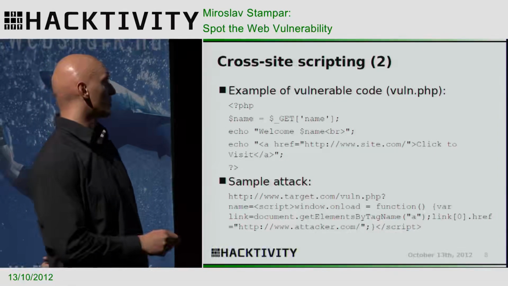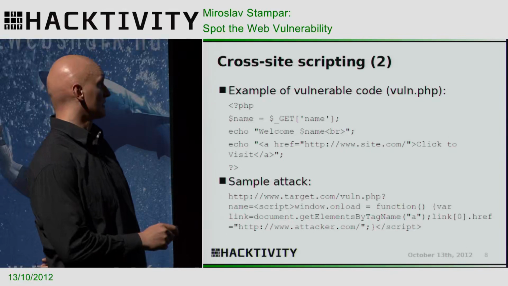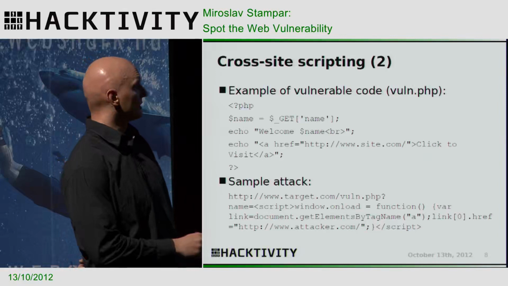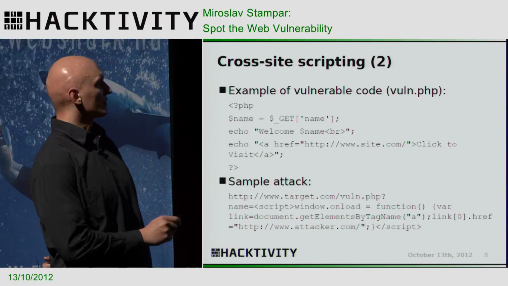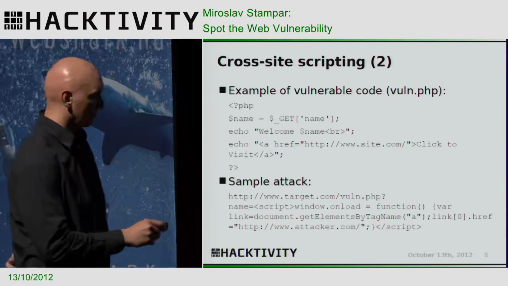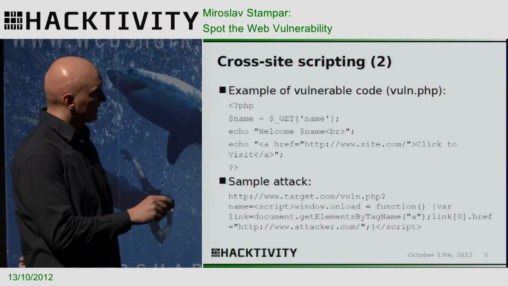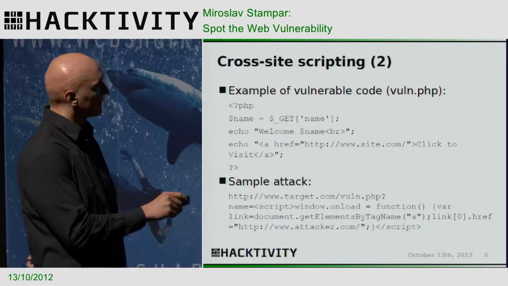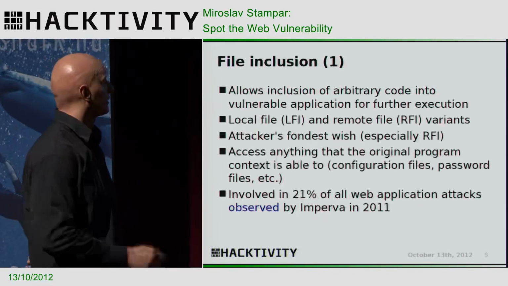This is JavaScript code which changes the link referenced by this part of the code, instead of www.site.com, to your domain. So when the user enters this page and clicks that link, instead of going to the www.site.com page, he will be forwarded to the attacker.com page.